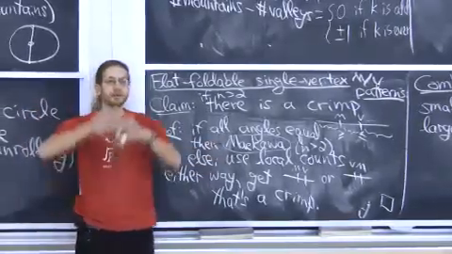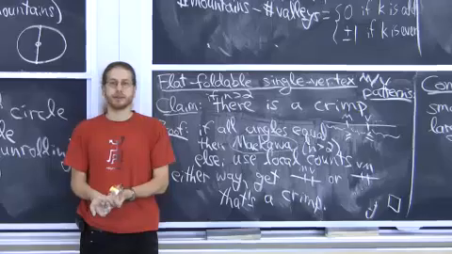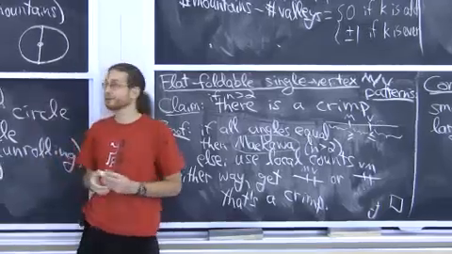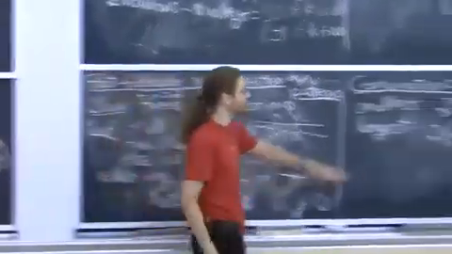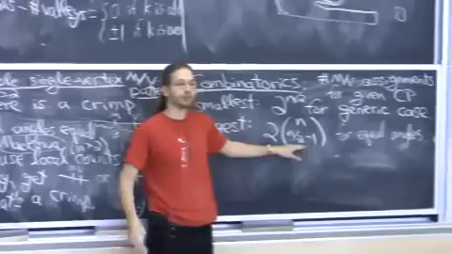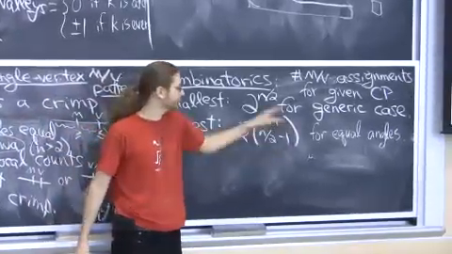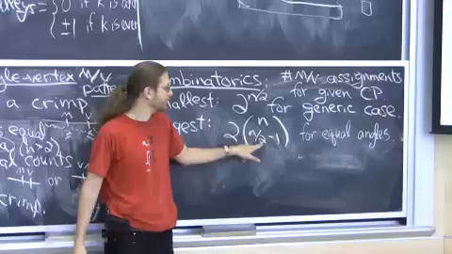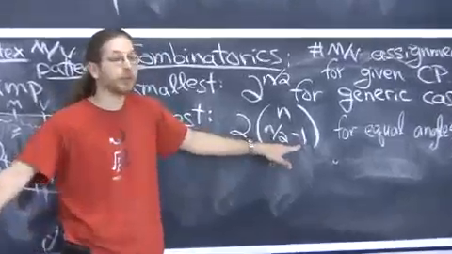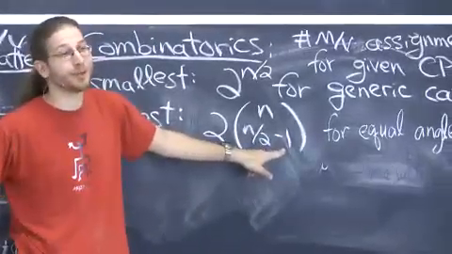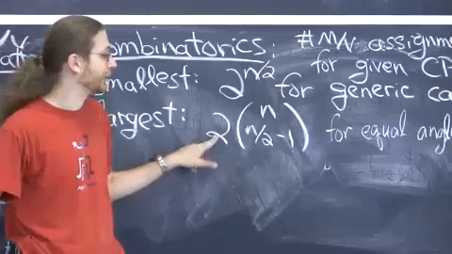So it's just how do I disperse n over 2 minus 1 mountains among n different positions? That's what this represents. How do I pick n over 2 minus 1 of them to be mountains? Or it could be n over 2 minus 1 of them are valleys, and that's this factor of 2.